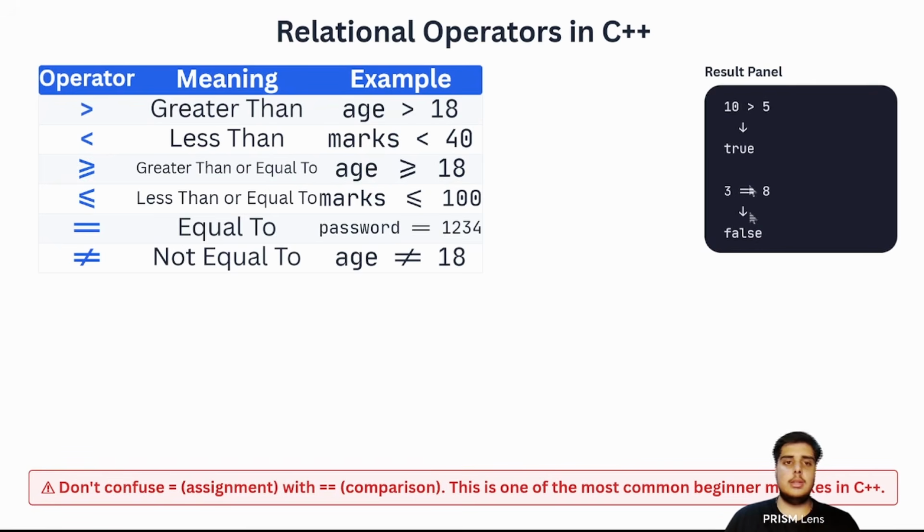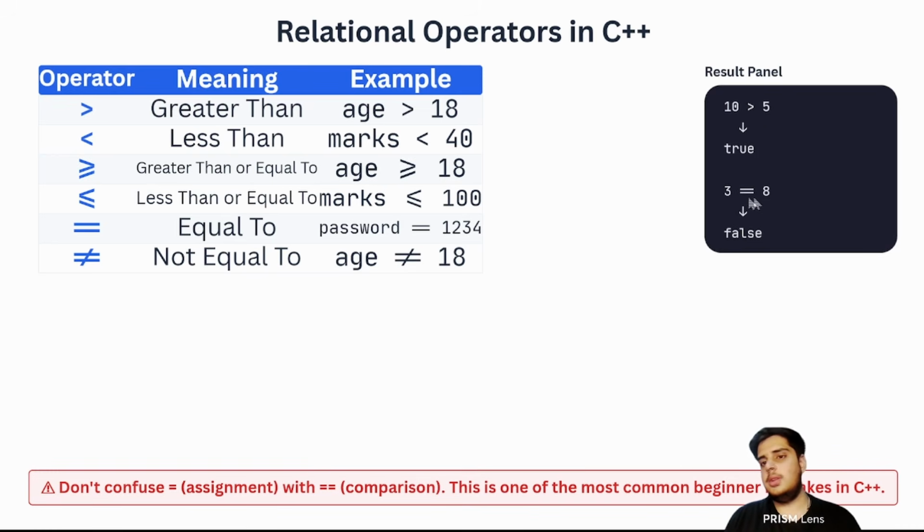And these are the relational operators in C++: greater than, less than, greater than or equal to, less than or equal to, double equal to, not equal to. So here are their examples. On the right side you can see the result panel where it is written 10 > 5, and we know 10 is greater than 5, so the output will be true.